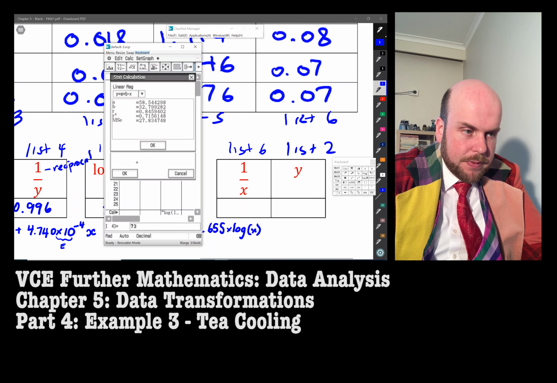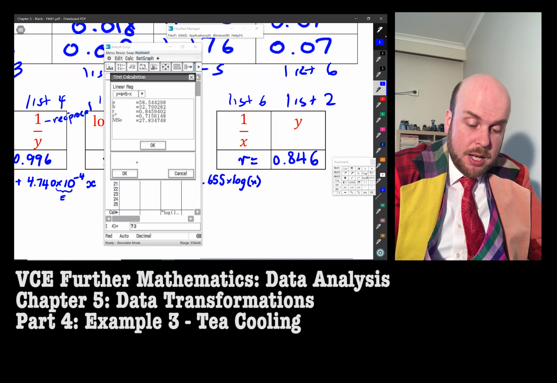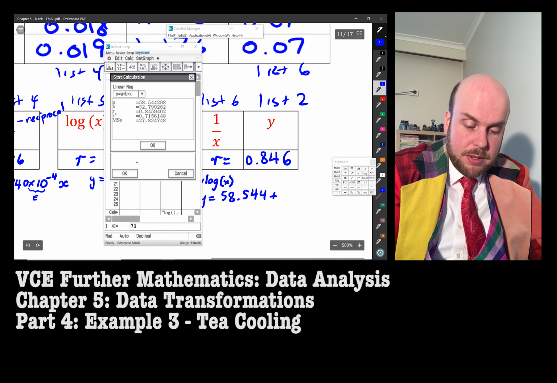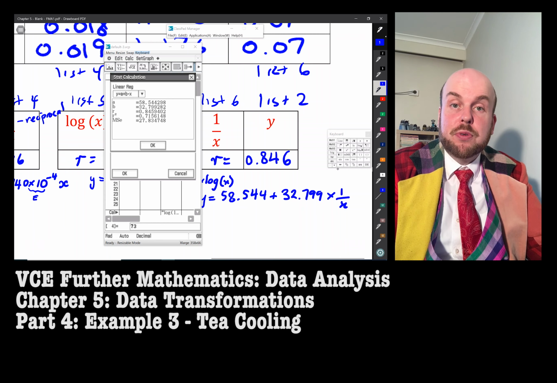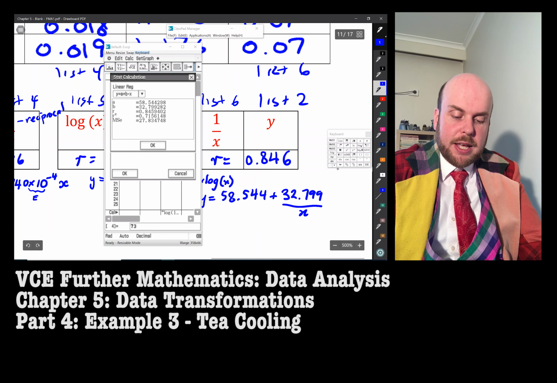So we've got 0.846. If I was writing the equation for this one, I'd write y equals 58.544 plus 32.799, and in this case I would write times 1 over x. But, you might remember from a previous video, I can also just write that as over x, like that.